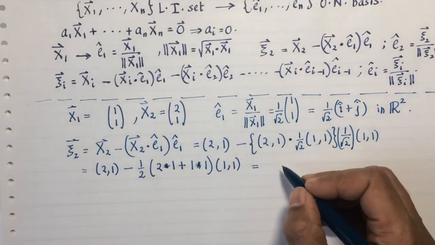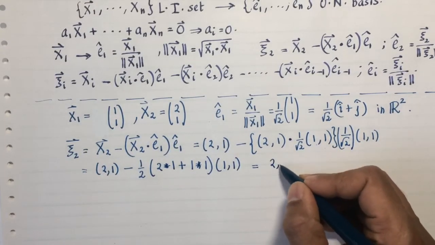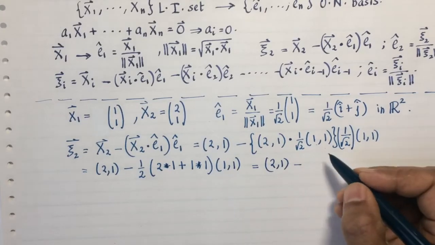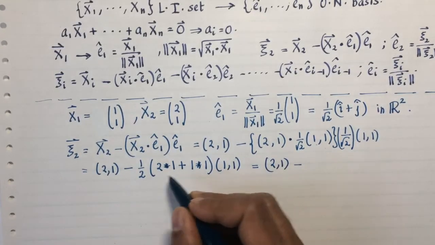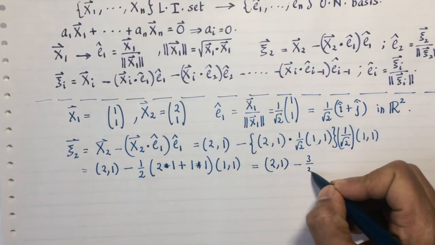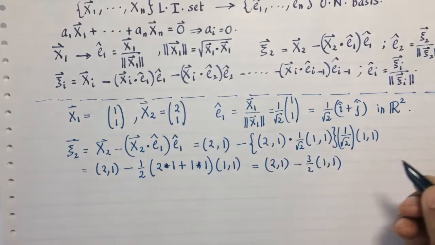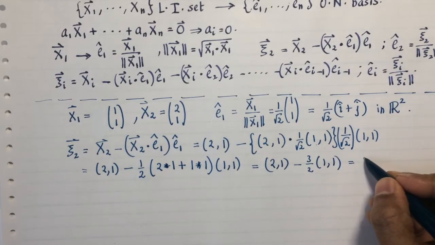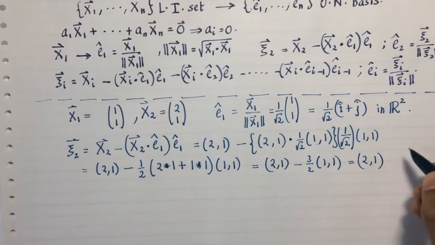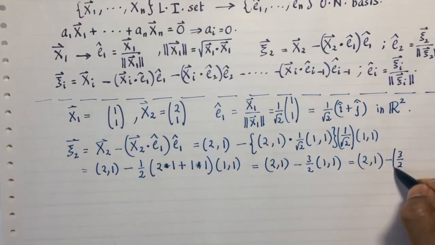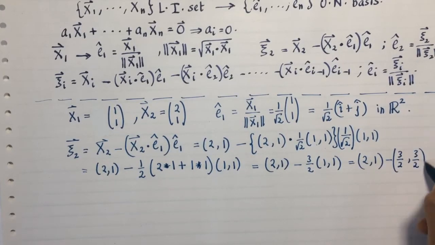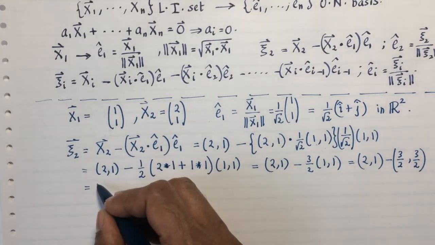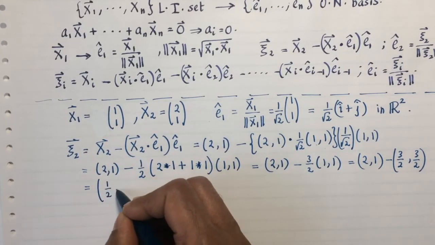Let's proceed to find what this is. So that's (2, 1) minus, well, that's 3 halves, (1, 1). Well, that's not too difficult to do. Multiplying 3 halves inside, I get this. And so our vector zeta is just (half, minus half).